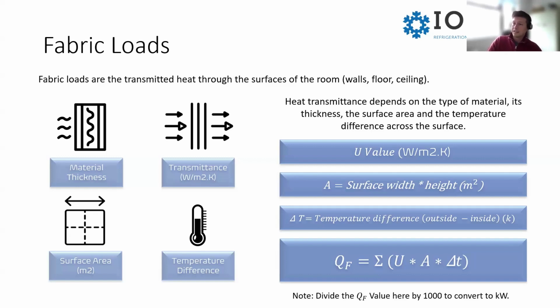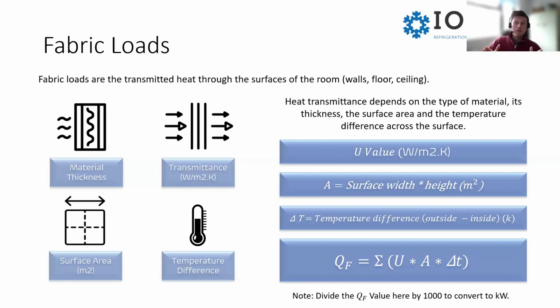When we look at these values on the left-hand side, we have our material thickness, and then our transmittance, which is effectively how insulating or how poorly insulating that surface will be. A typical cold room panel of 100 millimeters thick would be roughly 0.18 watts per meter squared per Kelvin.